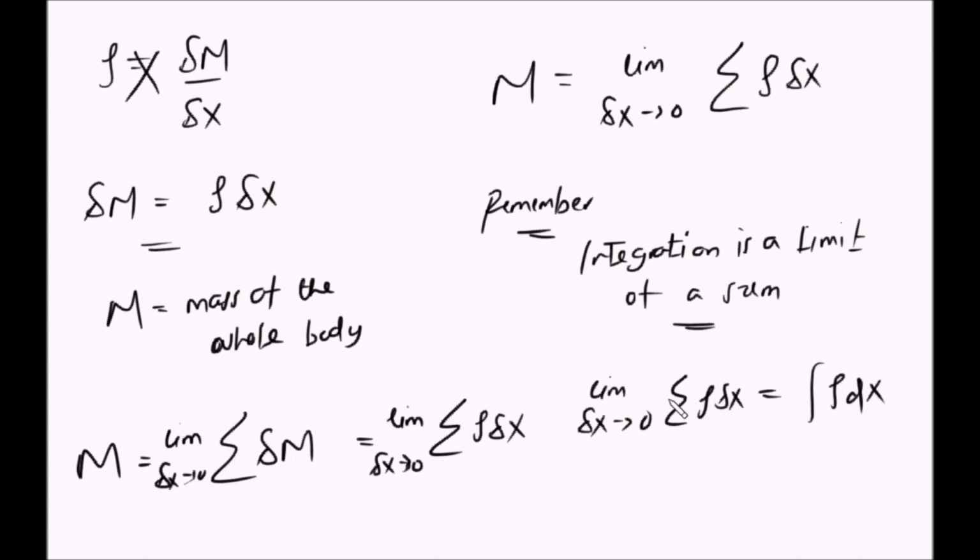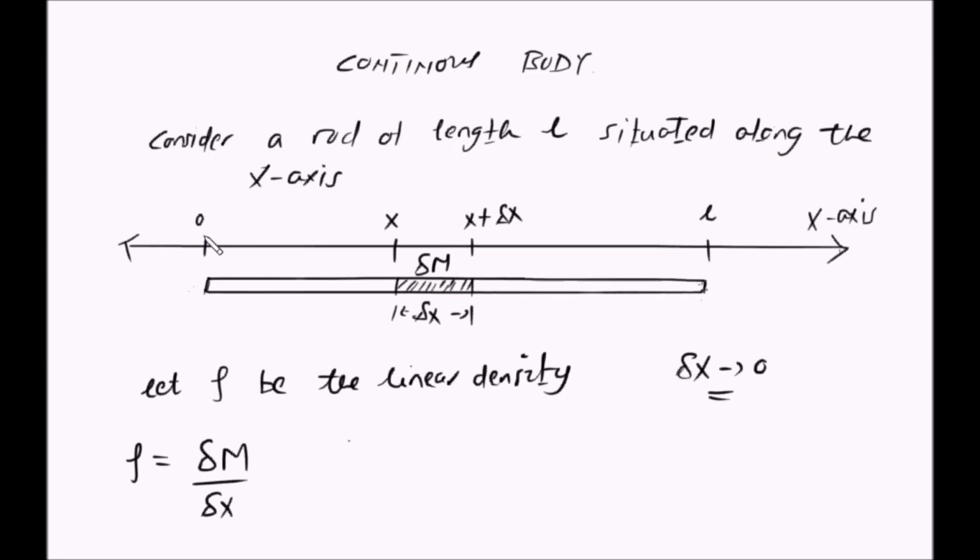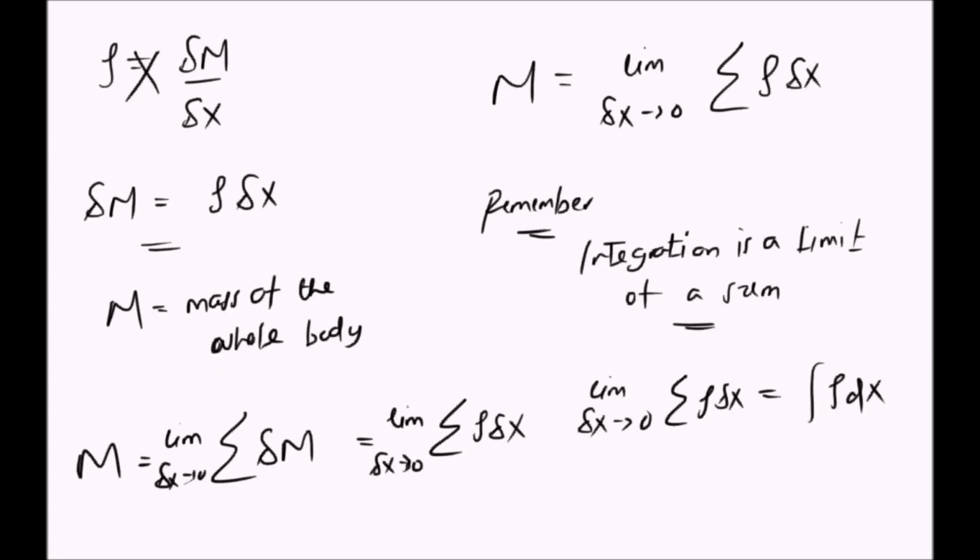Remember, I have added these elements from the start of the rod at x equals 0 to the end of the rod at x equals L. So my integration will be from 0 to L. So finally the mass of the whole body is the integral from 0 to L of rho times dx.